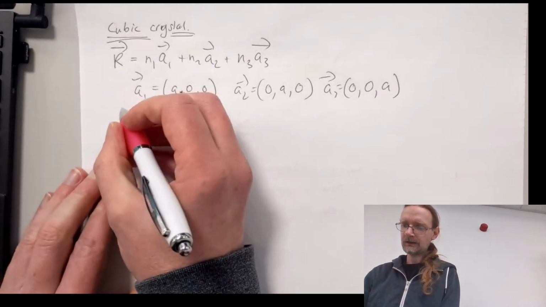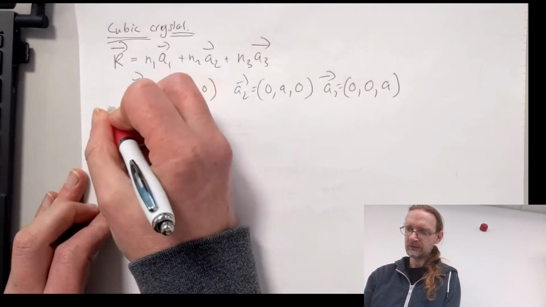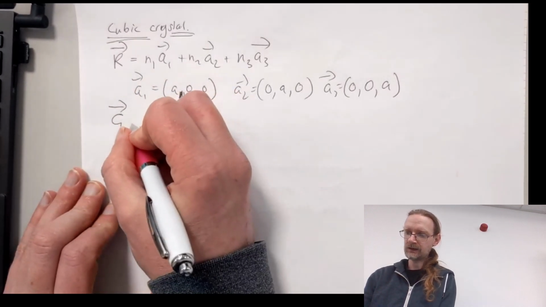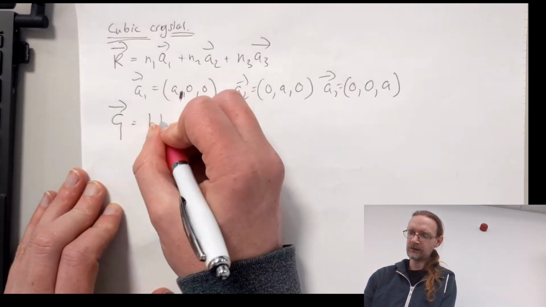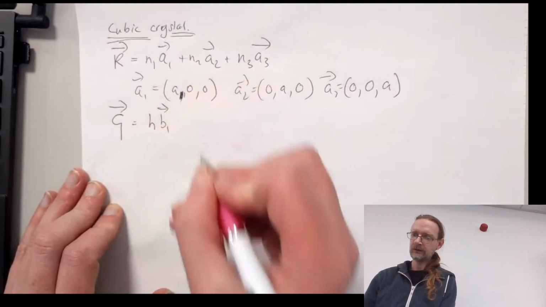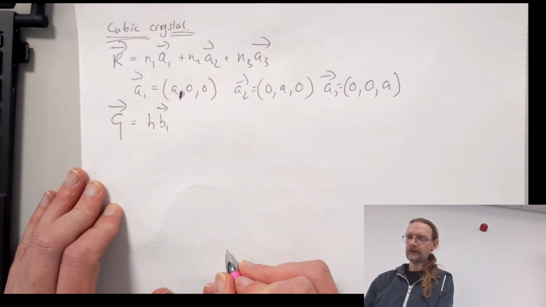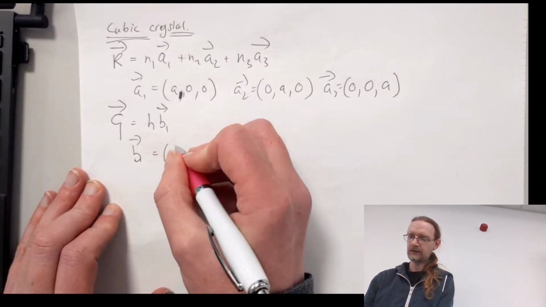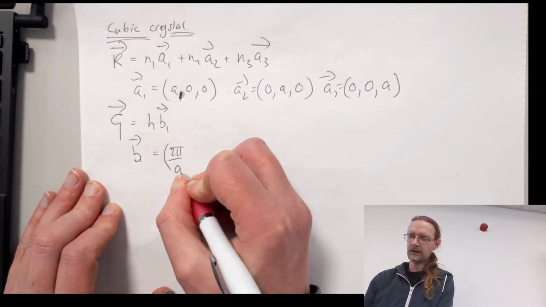And we had our reciprocal lattice vector, which we're going to need to get our angles, h lots of the first reciprocal lattice vector, and b1 is going to be 2 pi upon a.